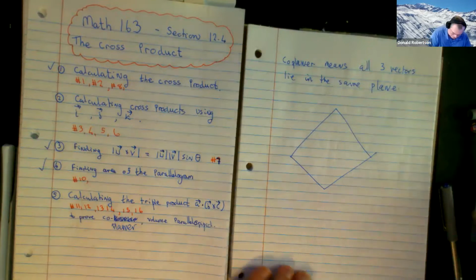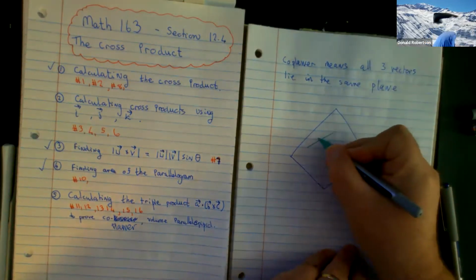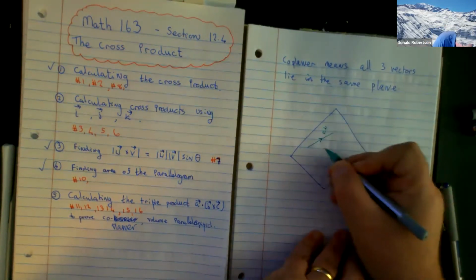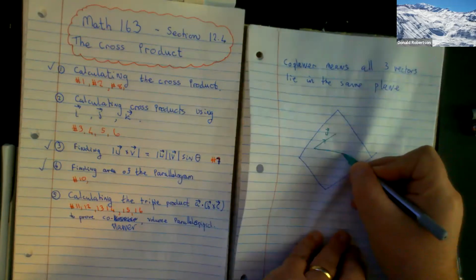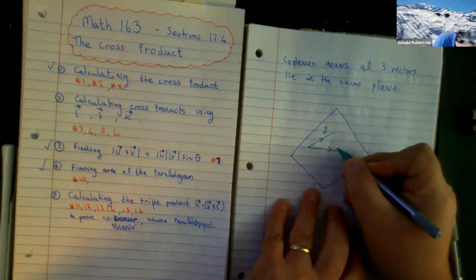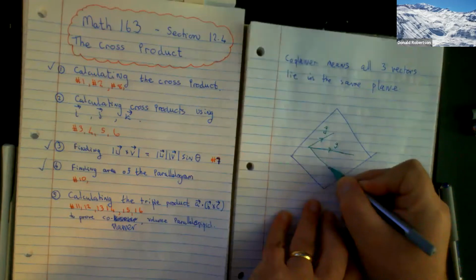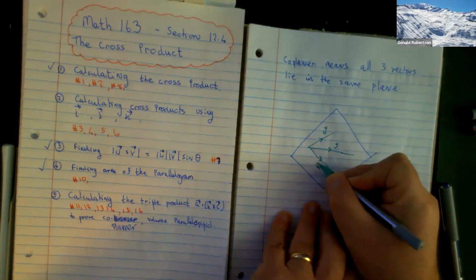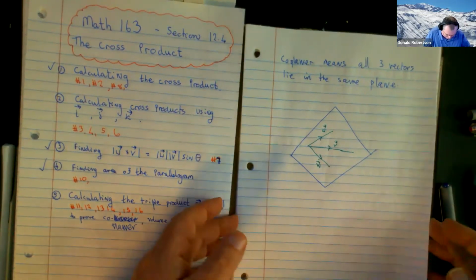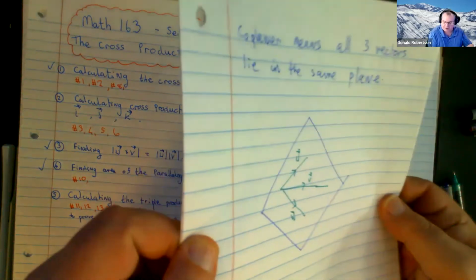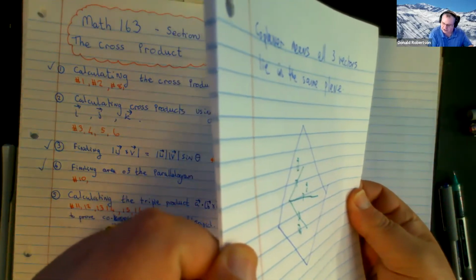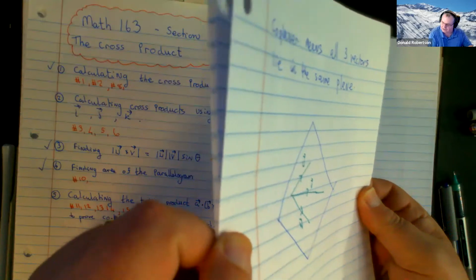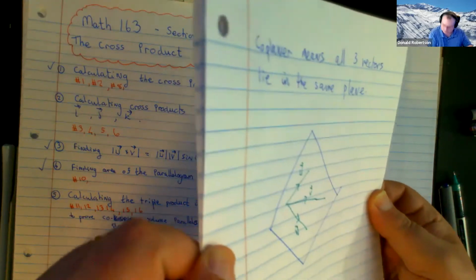Like that. If you have coplanar vectors, the vector u, the vector v, if you have them all starting from the same point, and let's say the third one, we'll call it w, they are all on that piece of paper. So you can imagine this piece of paper tilted, but you see those three green guys are all on the same piece of paper. That's what coplanar looks like.